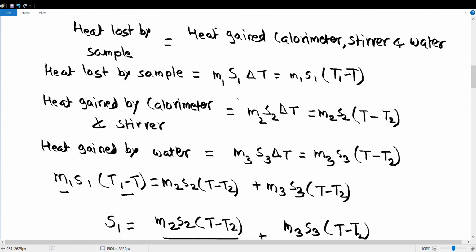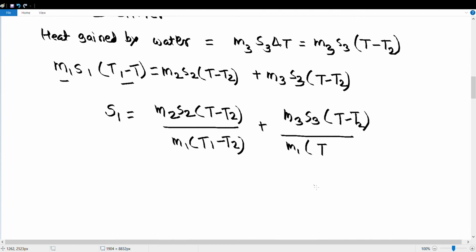Sorry, here it is T1 minus T, not T2. So the specific heat is calculated by using this formula.